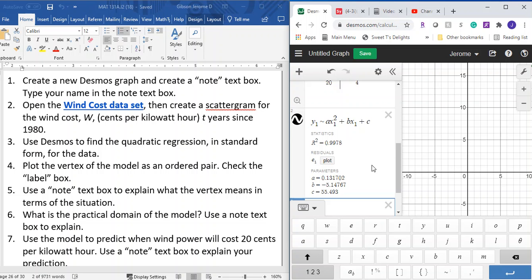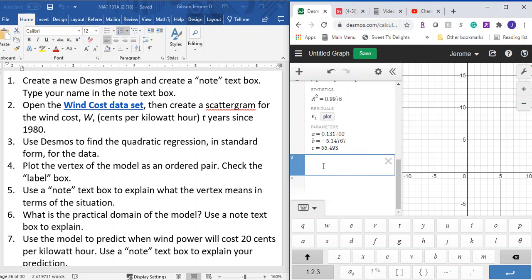What you're going to have to do in order to do the vertex is this here. You're going to have to use the vertex formula. Now, if you don't remember the vertex formula, I'll give you the formula to find x, and then you will go back in the equation to solve y.